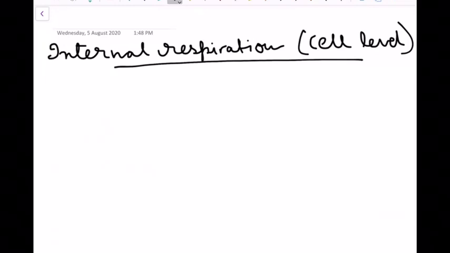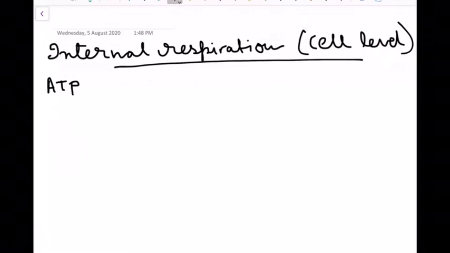However, when I explain this topic to you, I would come across a term, that is ATP. This is one term which might be a little bit difficult for many students.